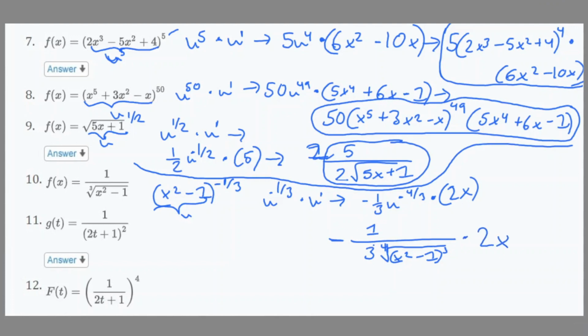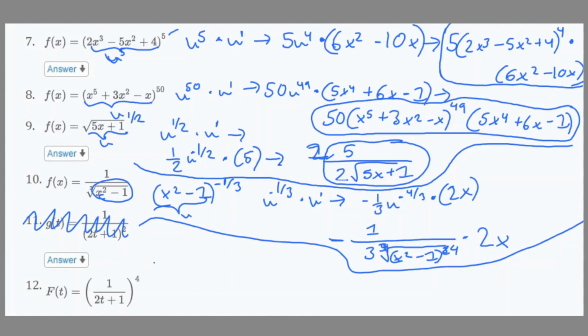So essentially on the bottom is x squared minus 1 to the 4/3 power. That is multiplied by 1/3, and it's in the denominator because we want to make it a positive exponent, multiplied by 2x, which is the derivative of this inside function. Now we're going to skip number 11. We're going to go straight to number 12.